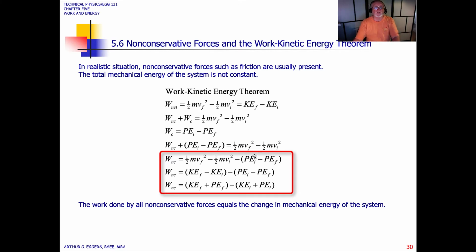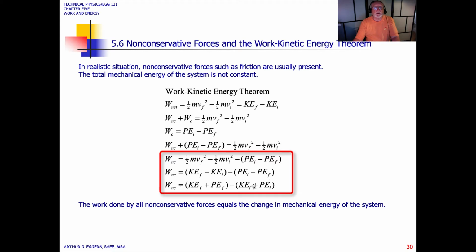So we can say that work non-conservative is equal to what we've seen before, the kinetic energy final minus the kinetic energy initial, minus the potential energy initial minus the potential energy final.